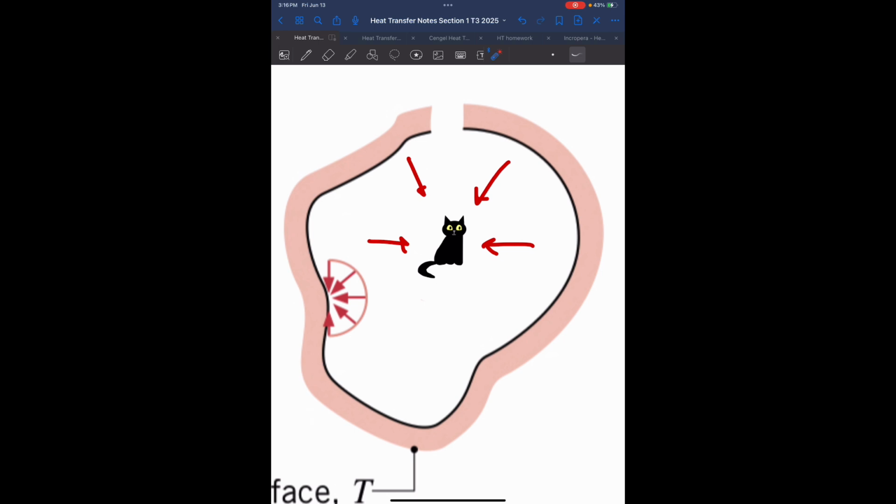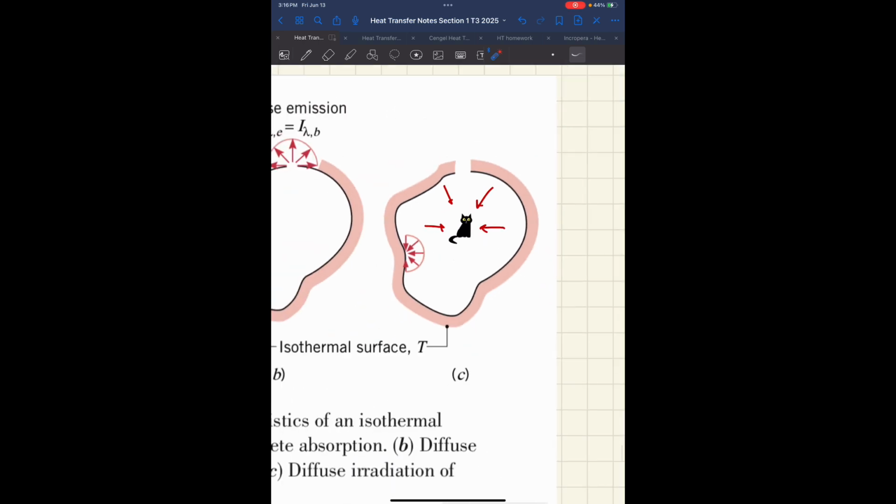This is an abstract example, but let's say this cat is in a large room. If the room is sufficiently large, you can treat the room as a black body.